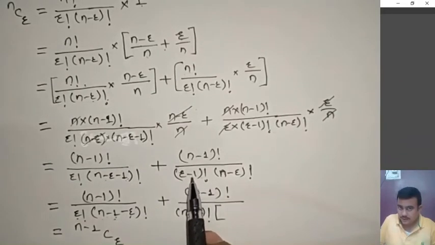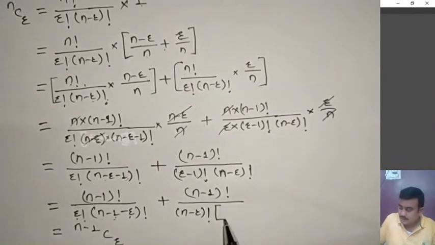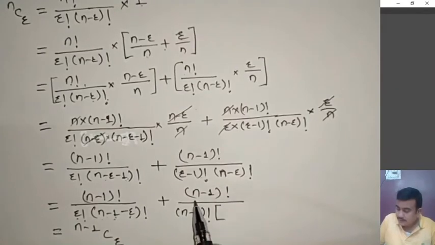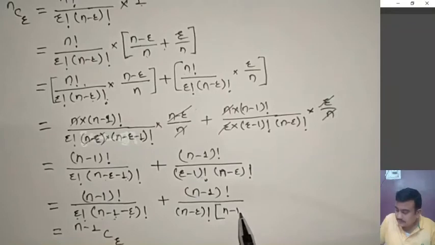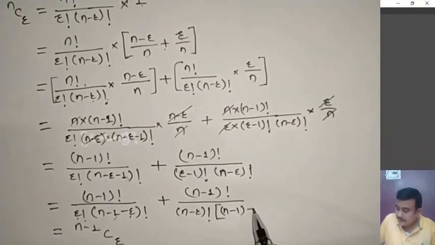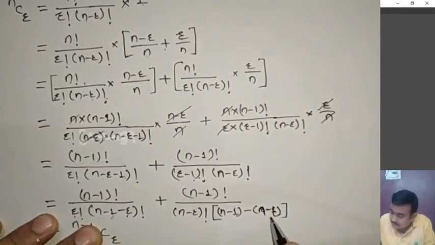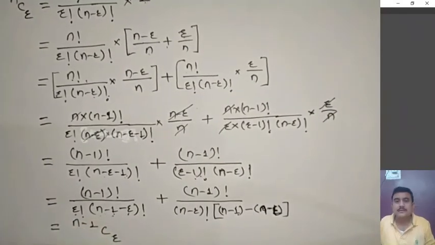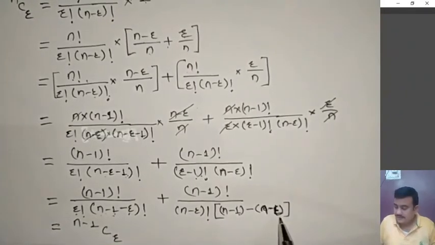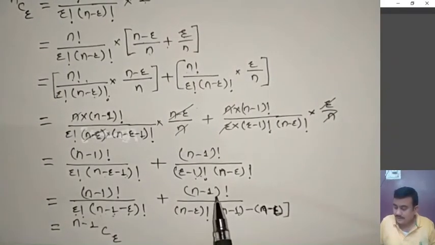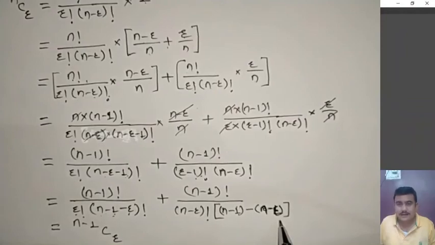We are going to do an adjustment in this term. So we are writing, as we know that we need the term n minus 1 minus n minus r. This is our adjustment because we need n minus 1 minus n minus r.